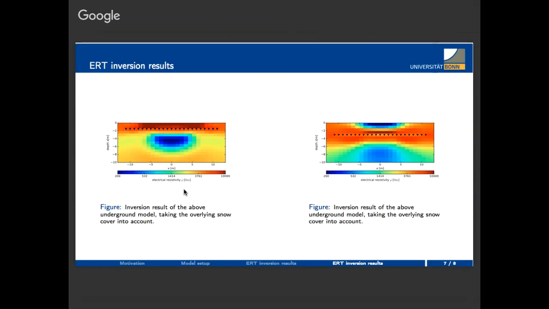It doesn't only happen when the snow cover is 3 meters thick, but also when the snow cover is 1 meter thick, but the anomaly mass has to be very close to the electrodes so that you can see this effect happening.